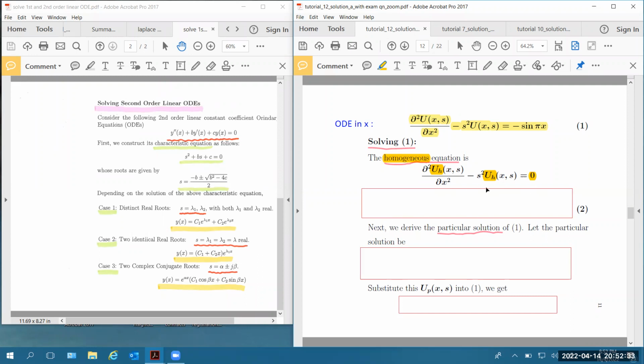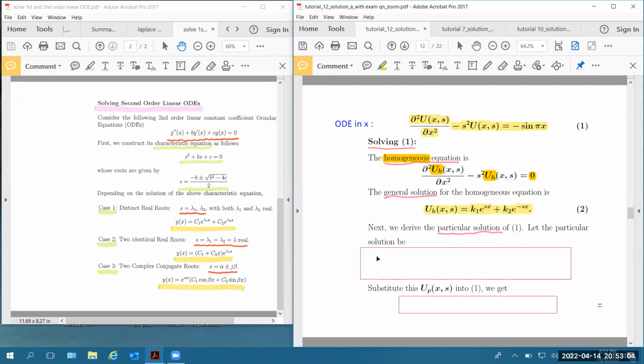If you solve it, your roots will be plus minus s. So I think you will get distinct real roots. So that's your case 1. And therefore, this is your general solution for this homogeneous equation. So actually, it's case 1 here.